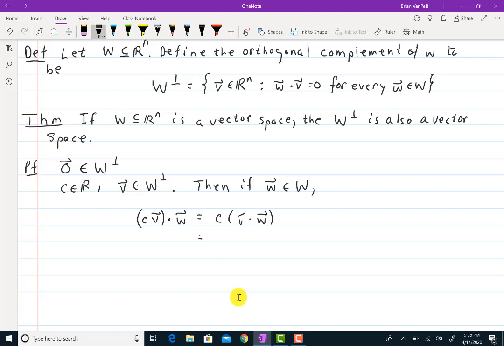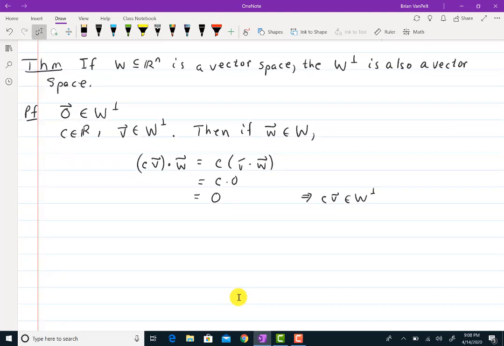Well, since v is in W perp, this will be c times 0, and c is a real number, so that will just end up being 0. This implies that cv is in W perp. And well, I think you know where this is going.